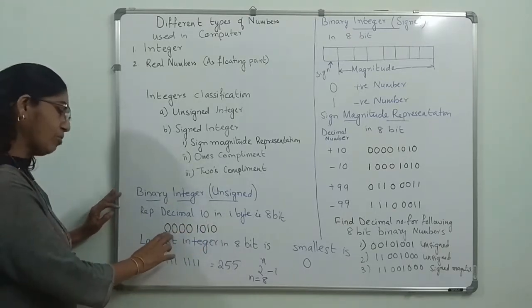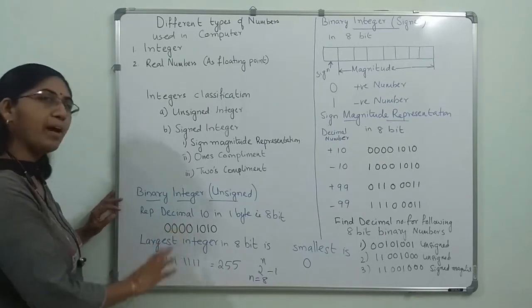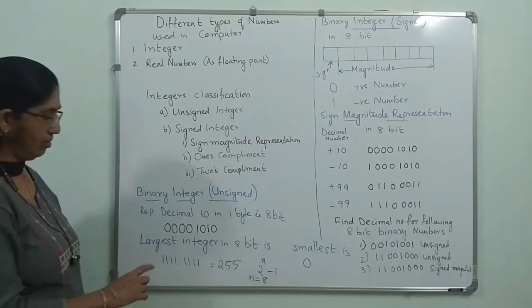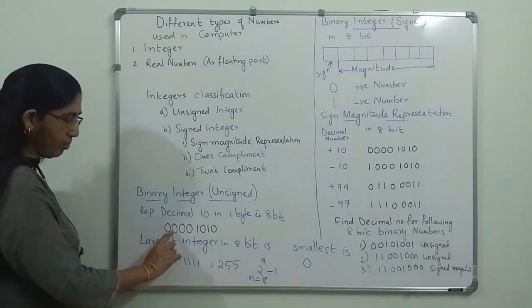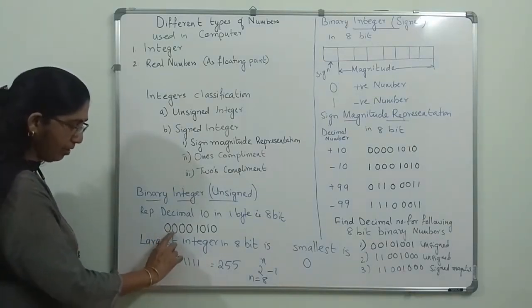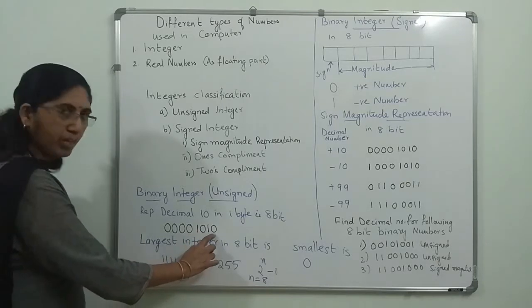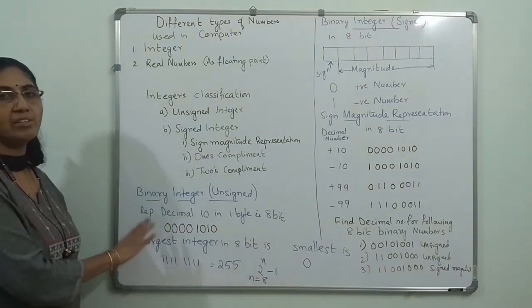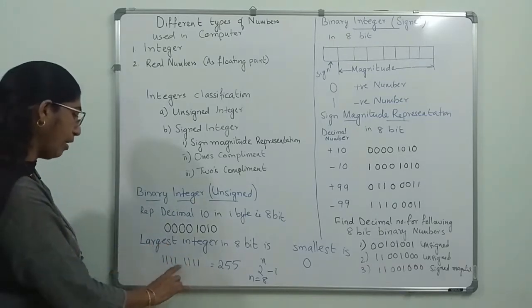You can assign values to each of these. What will be the maximum number you can represent using these 8 bits? You will have to keep all the values 1, that means 1, 1, 1, 1, 1, 1, 1, 1. That is the highest value possible in this 8-bit. After that you cannot store it. So what will that value be?